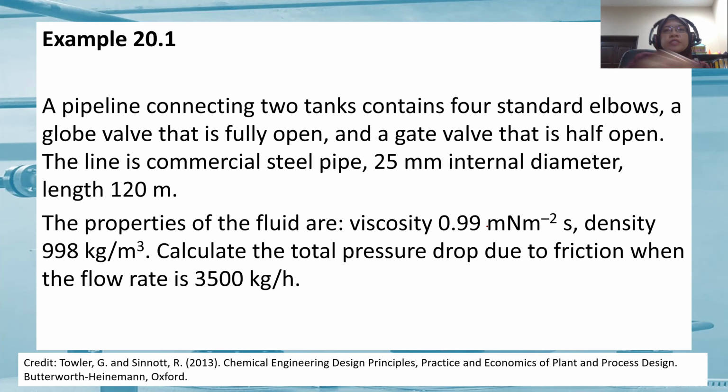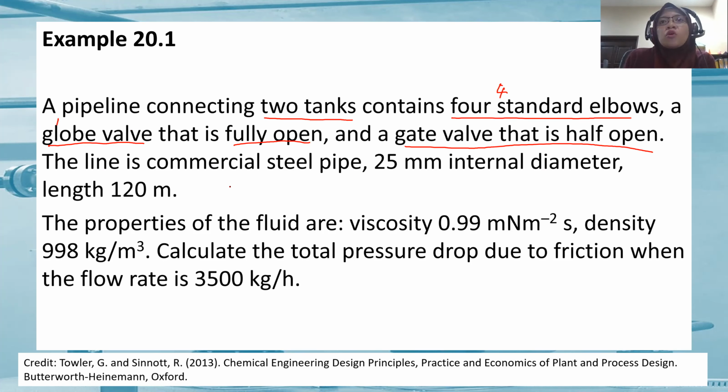Okay, that's the information. Let me draw a line for the information. They said there are 2 tanks, with the 4 standard elbows, and then 1 globe valve, and that is fully open, and a gate valve that is half open.